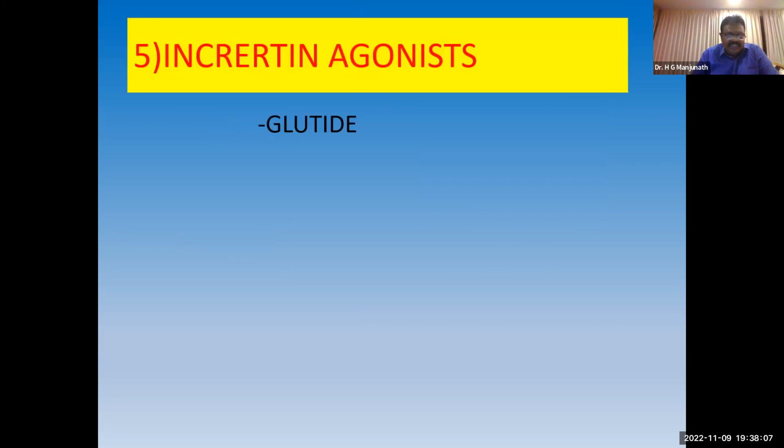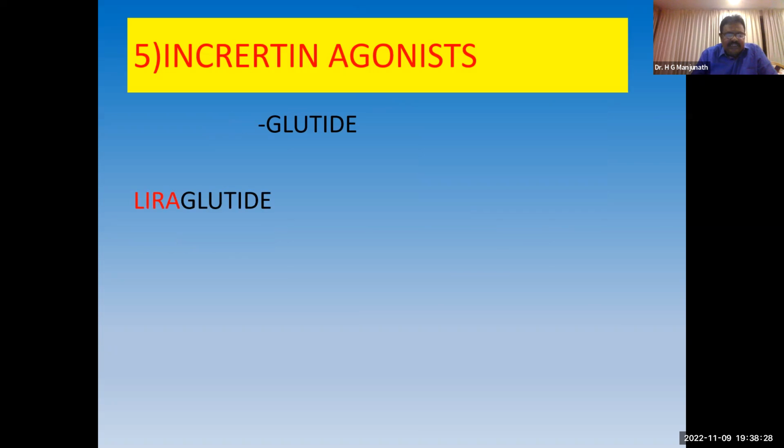The fifth one is the incretin agonists. As I said earlier, incretins are the metabolic hormones which are secreted in the GIT with the ingestion of glucose. They have the suffix glutide. We have to go slowly because the pronunciation is totally different.